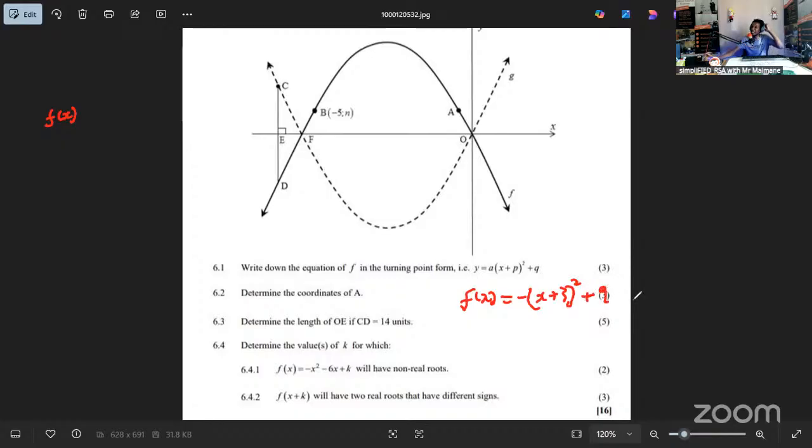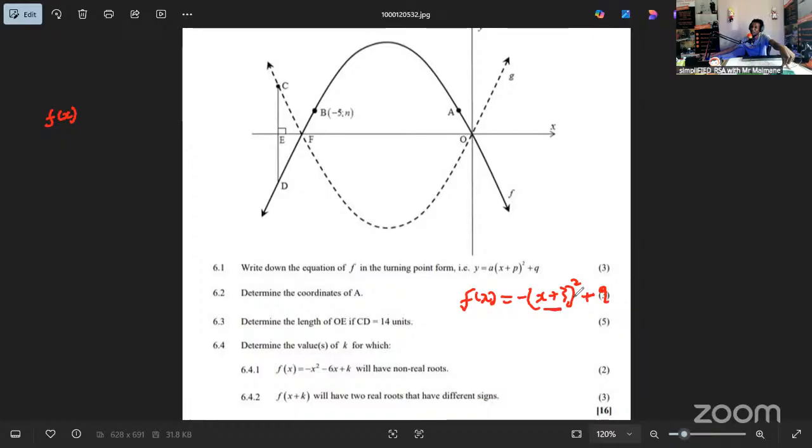No, no, no. I said we are looking for the values of k. K is about x. So x is about the x value of the turning point.